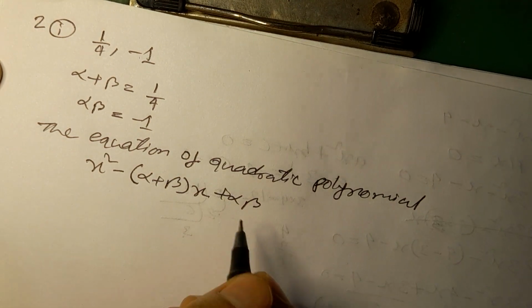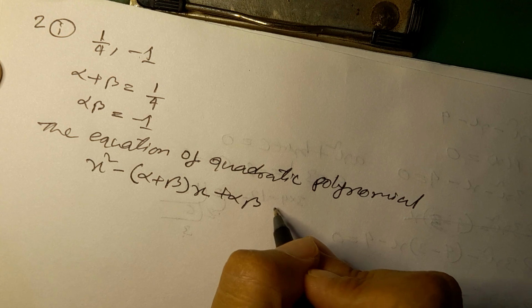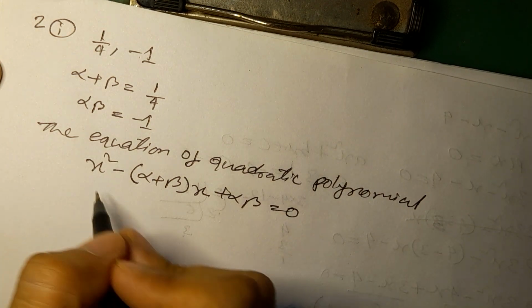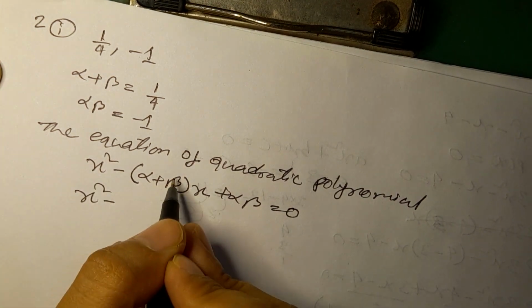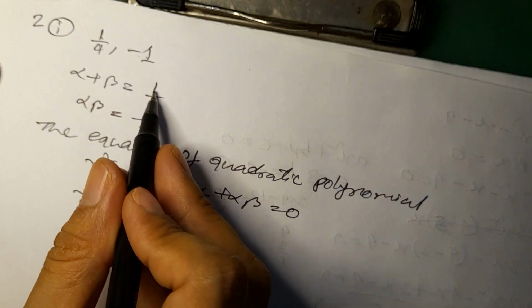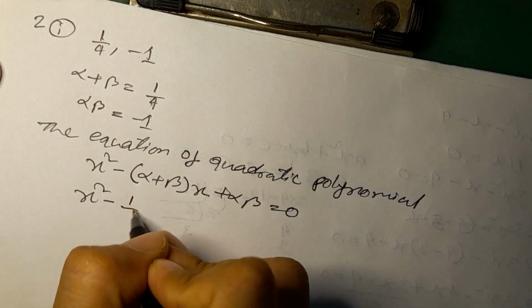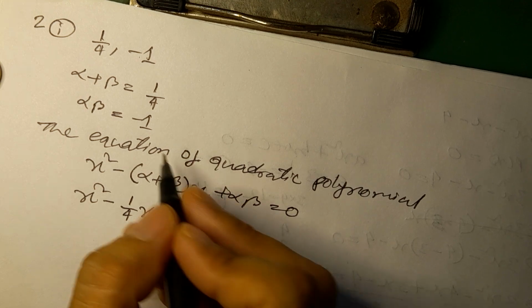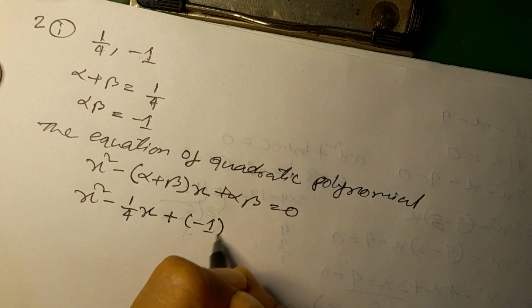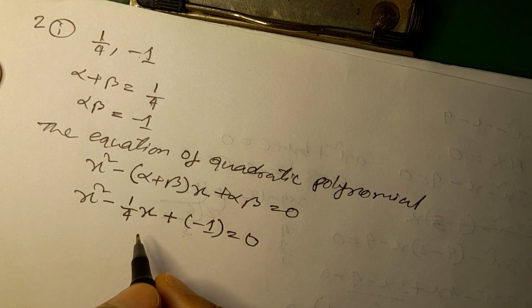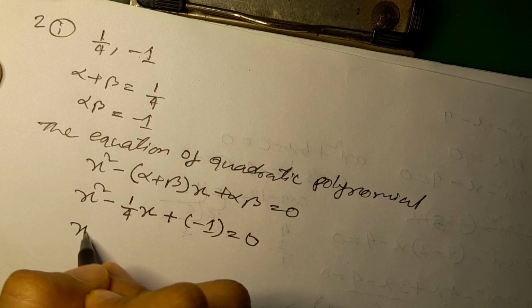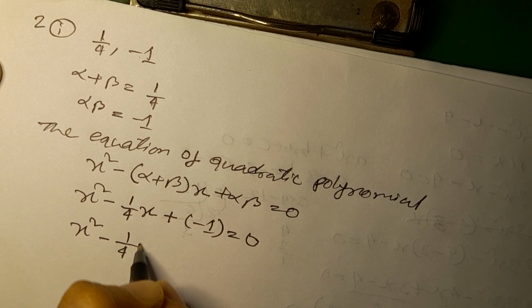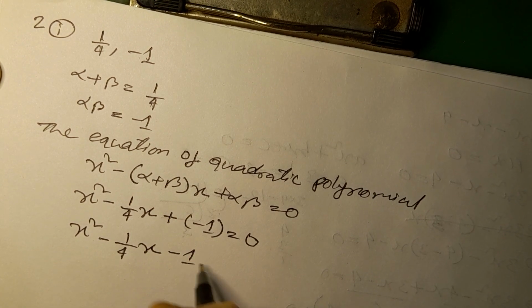So now put it in and solve it. Always equate it to 0. So x square minus, what is the sum of zeros? Alpha plus beta, that is 1 by 4. So 1 by 4 x plus alpha into beta, the product, that is minus 1, equal to 0. Now multiply it. So x square minus 1 by 4 x minus 1 equal to 0.